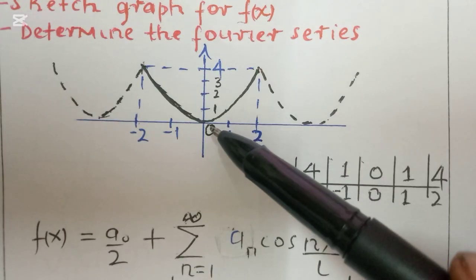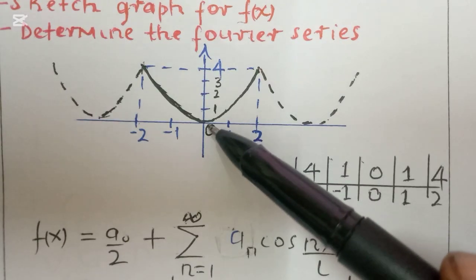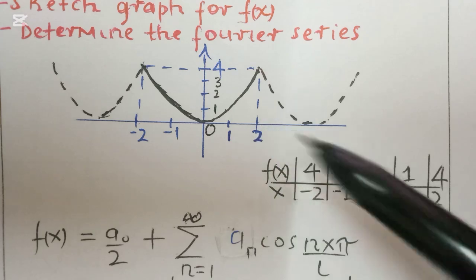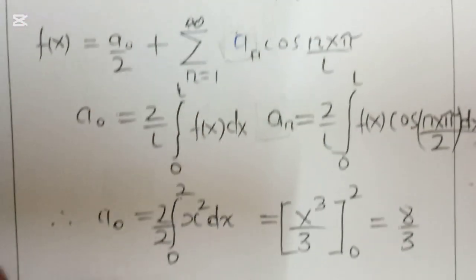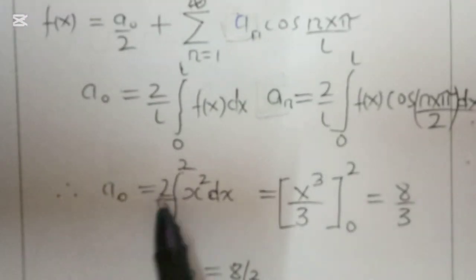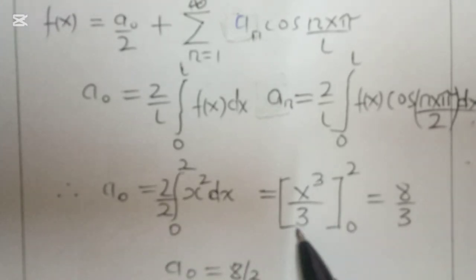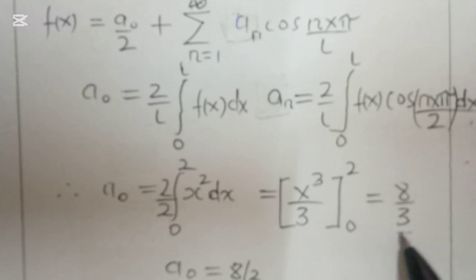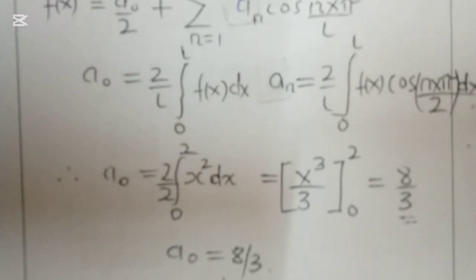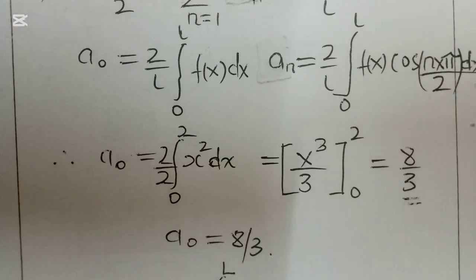This is where we are integrating from 0 to 2. So we write 2 all over 2, and then we have the equation there, x squared. Finally we are going to get 8 over 3. So our A0 is 8 over 3.